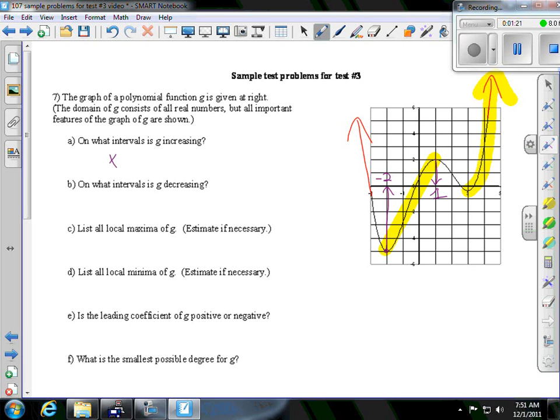So you could either say the x is between -2 and 1, or if you prefer interval notation, (-2, 1), and whether you include them or not, it doesn't matter to me. I will exclude them, but you could put square brackets there. And then it's also increasing from this point right here.